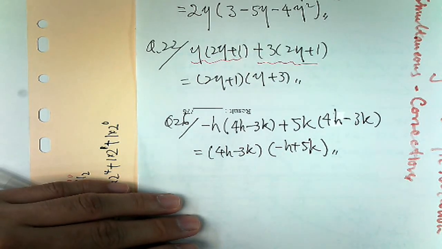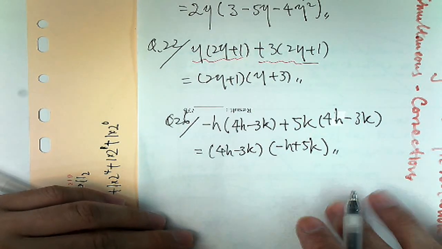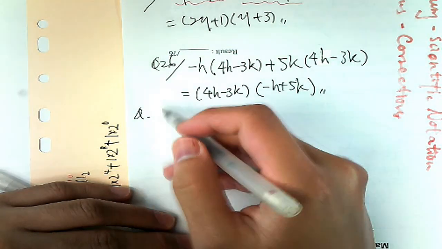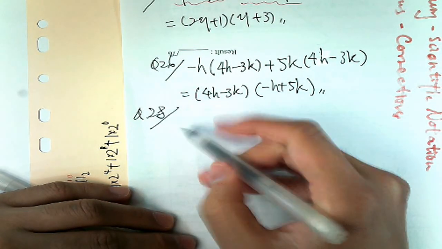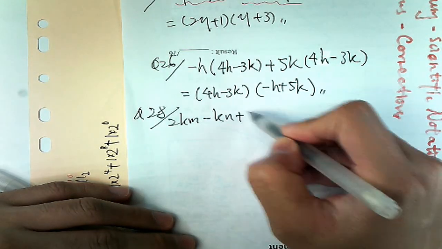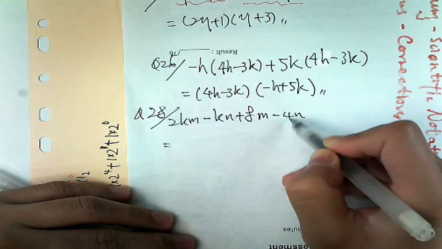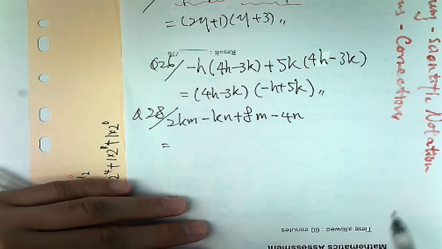So keep going. I'll do 27 to 34. Okay? Let's go to 28. So 2km - kn + 8m - 4n. Actually here you have four terms, right?